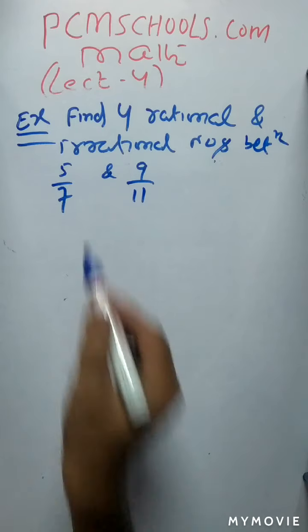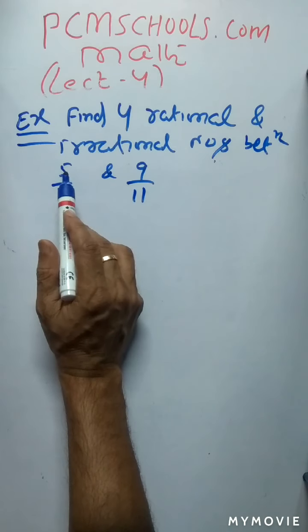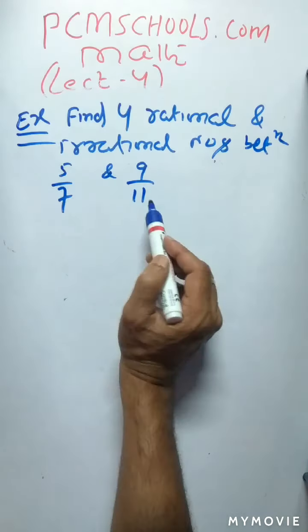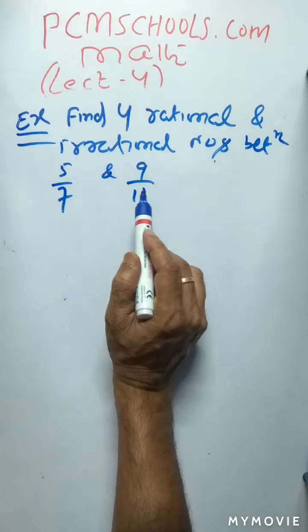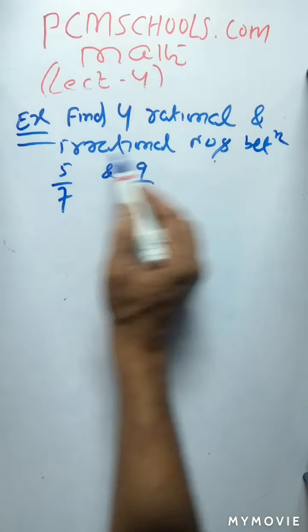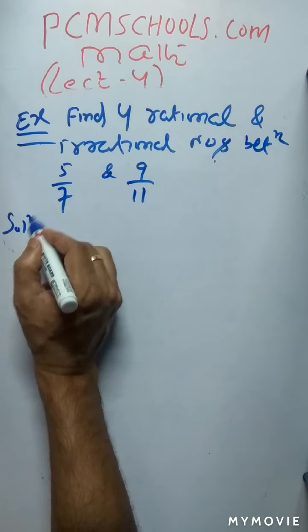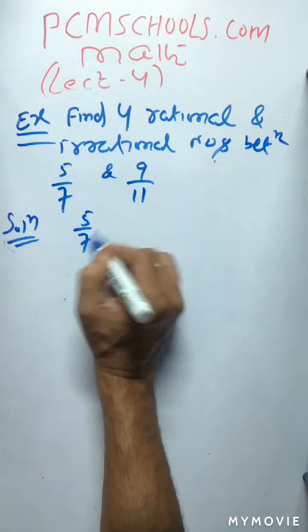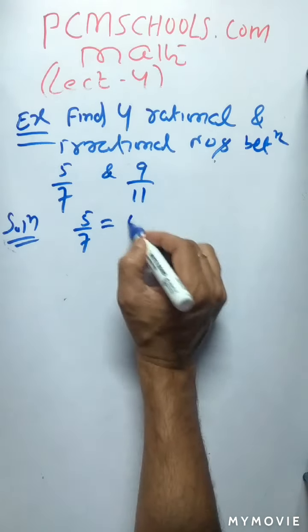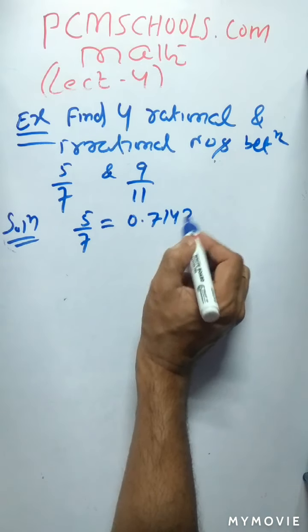You know, in between two rational numbers there are infinite rational numbers as well as infinite irrational numbers. So in our question there are two numbers, 5 by 7 and 9 by 11. In between these two numbers we have to find four rational numbers as well as four irrational numbers.